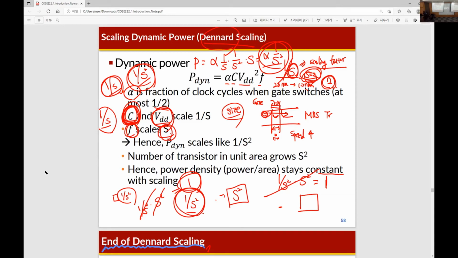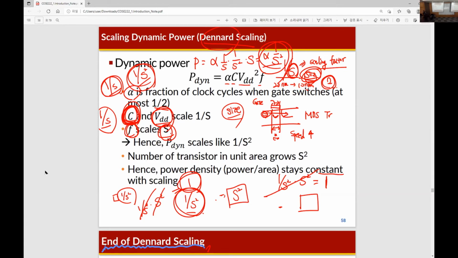But as the size of the transistor is reduced, we can include more transistors in the unit area. The reduced power consumption has a scaling factor of 1/s², and the number of transistors in a unit area is s². Okay, if we multiply both factors, then it becomes 1.